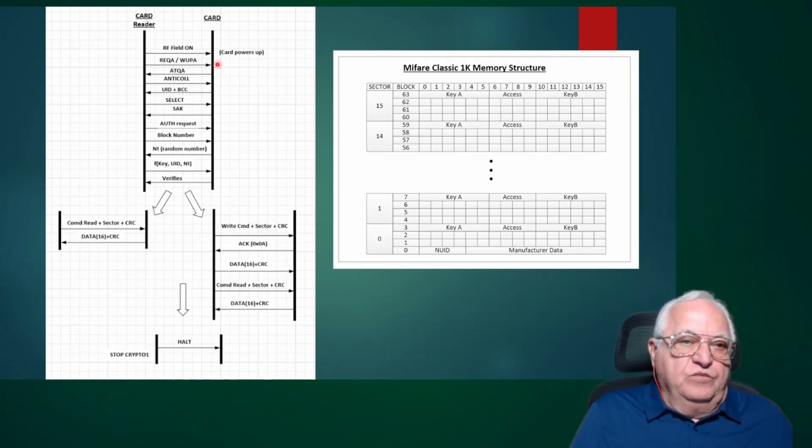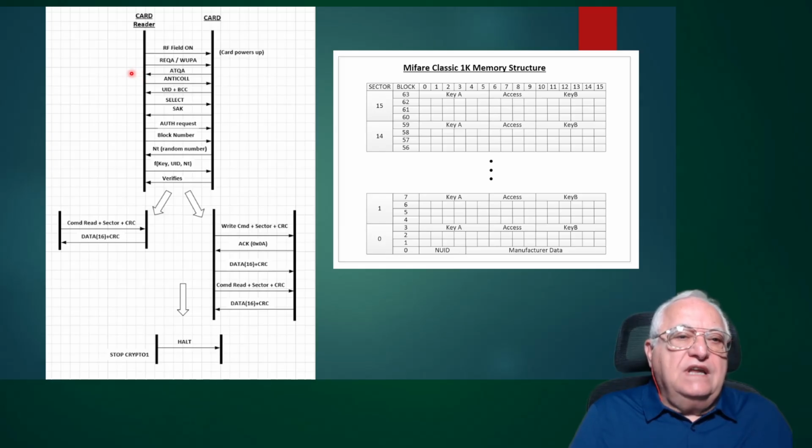Now, if a card has been halted, then it will only reply to a WUPA. Anyhow, we're sending these signals out, and when a card or a tag gets within range and wakes up, it replies to that signal with an ATQA.